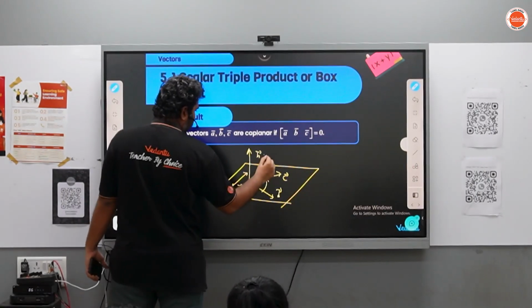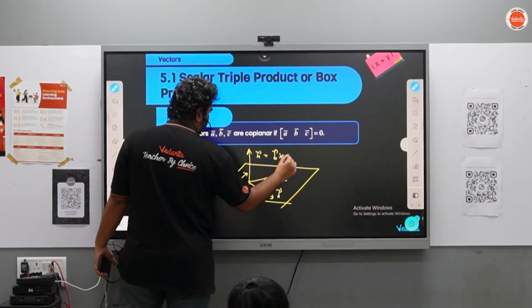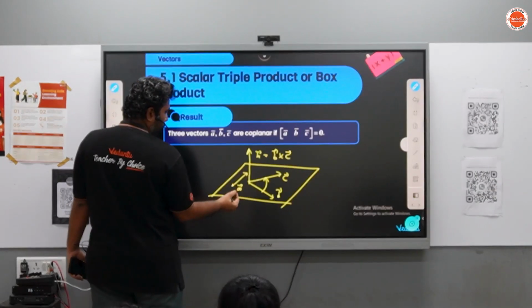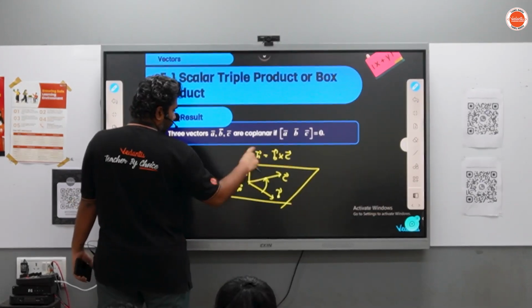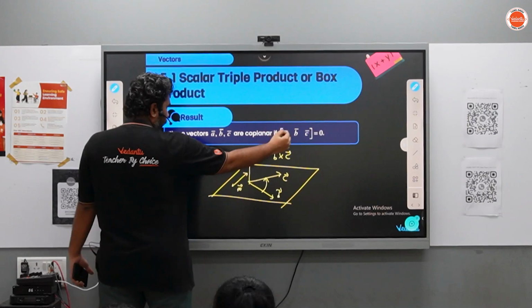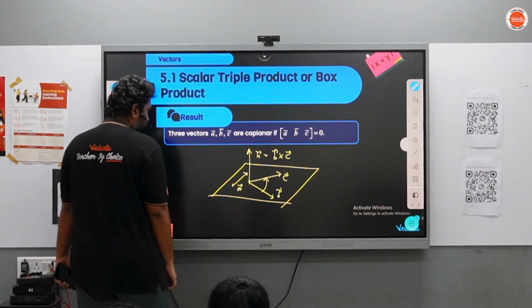N vector is nothing but B vector cross C vector. Now B vector cross C vector dot A vector gives me 0, because this normal vector and A vector are perpendicular to each other. That's why the ABC box product is 0.